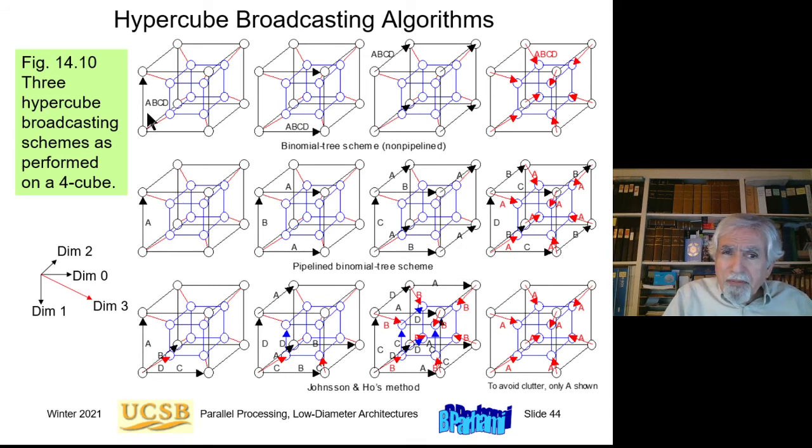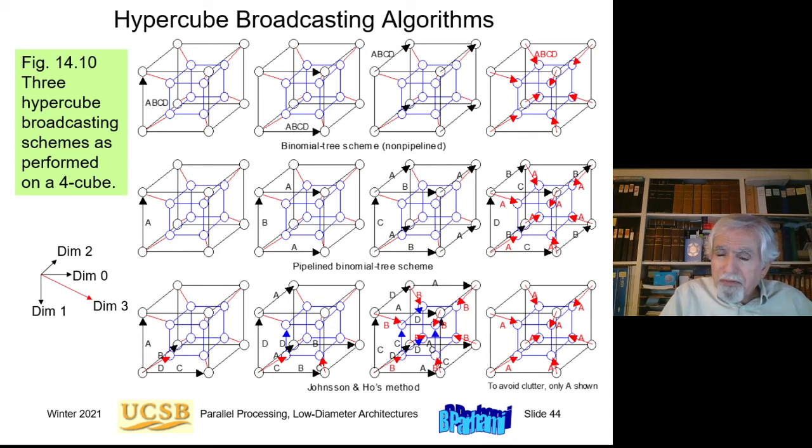We can pipeline the message transmission. If the message is long, like ABCD, instead of sending all of the message from this node to this node, we just send one packet. And as that packet goes on its journey, the next step, we send the next packet, B. Then as A goes to the next step of the journey, B goes to this step, C will be transmitted. Okay, so this requires all port communication.